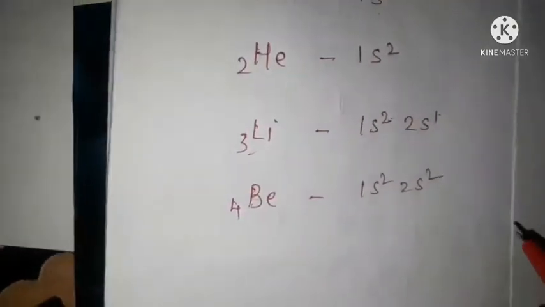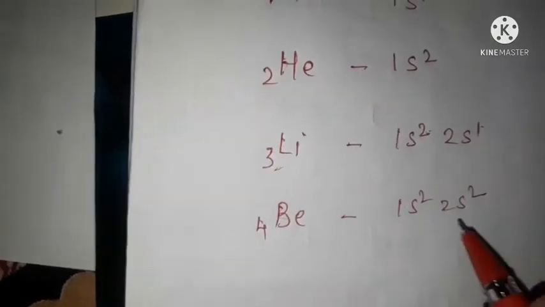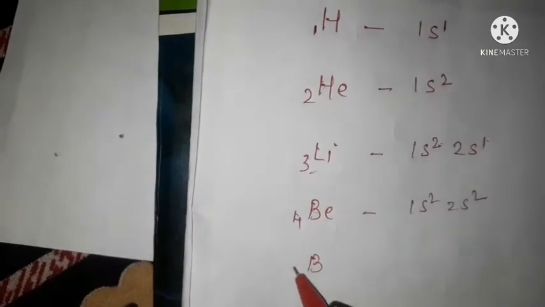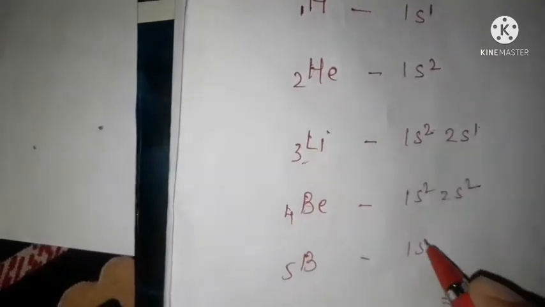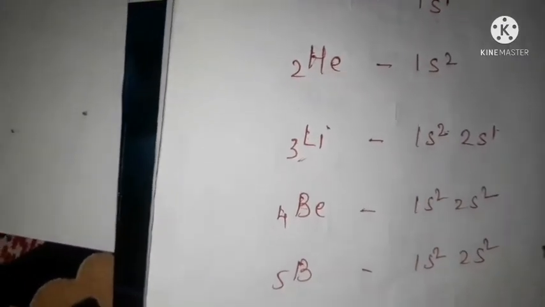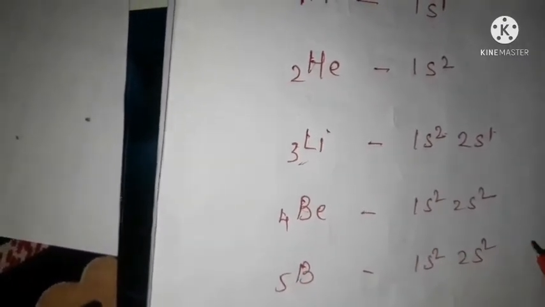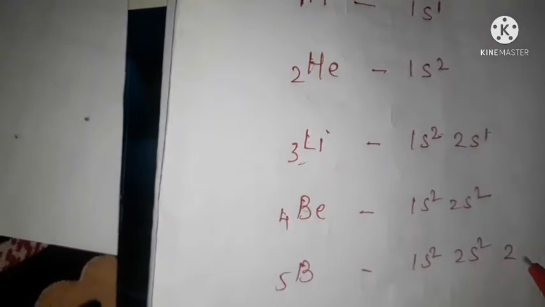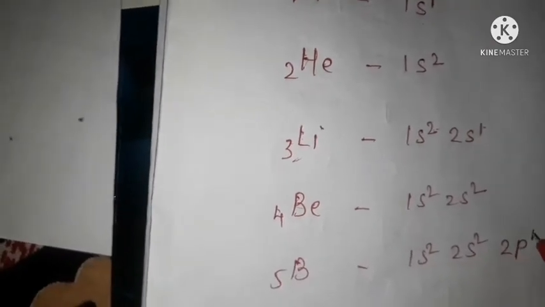So these are the fulfilled subcells. Now we write boron, 5: 1s2, 2s2, then 2 plus 2 is 4. Now 1 is left, so we use 2p1.